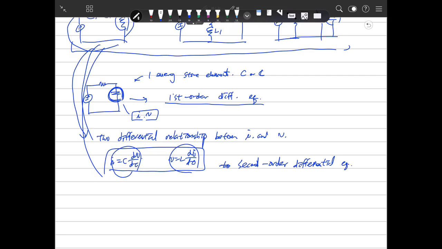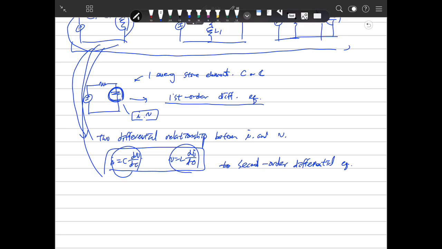Everything is the same, but when you describe the characteristic of current and voltage, the equation is a second order differential equation when the circuit has two different energy storage elements. That's the only thing we need to focus on.